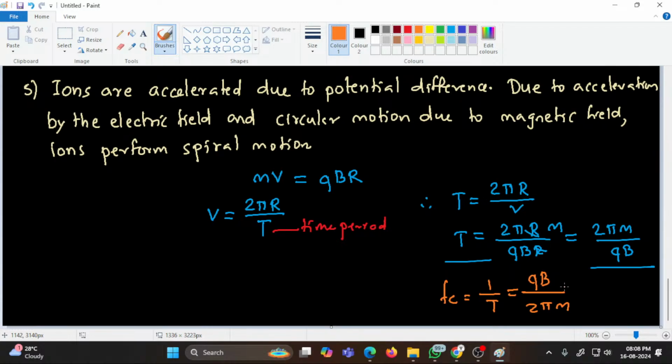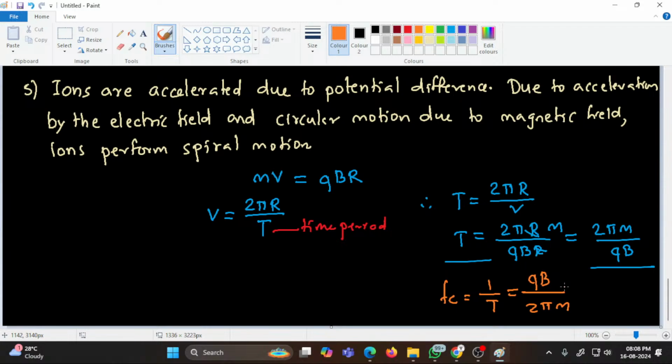Their kinetic energy increases by eV. Here V is the potential difference. So every time a kinetic energy eV is given to that particle, V is the voltage difference.